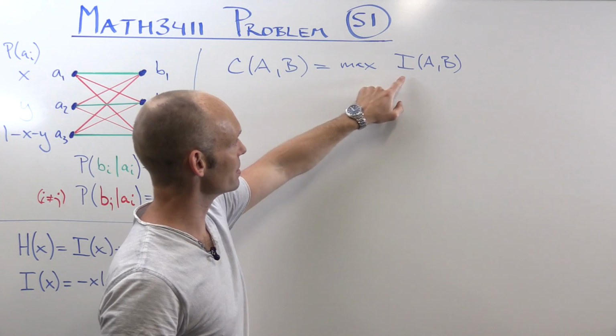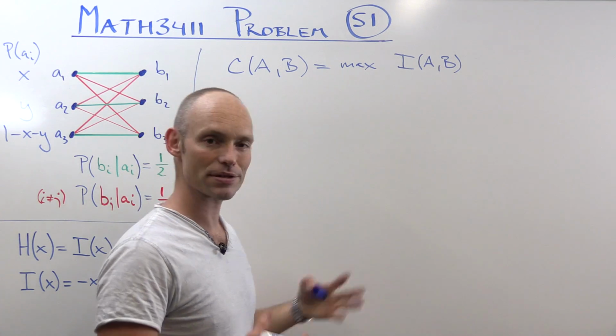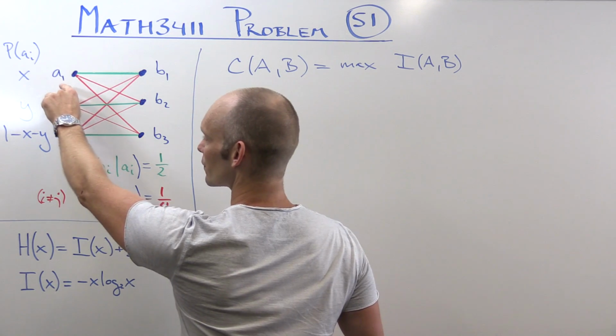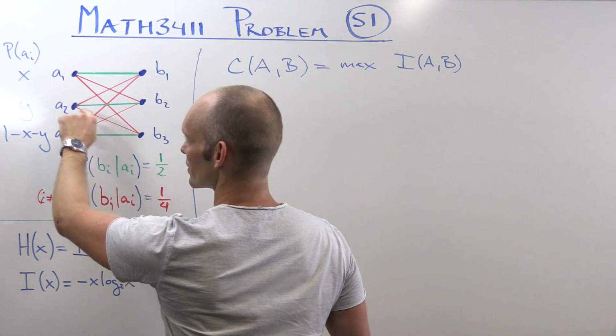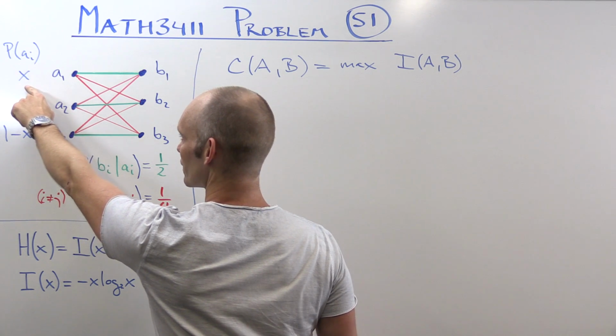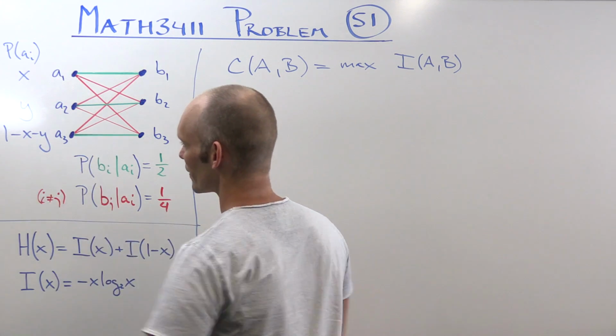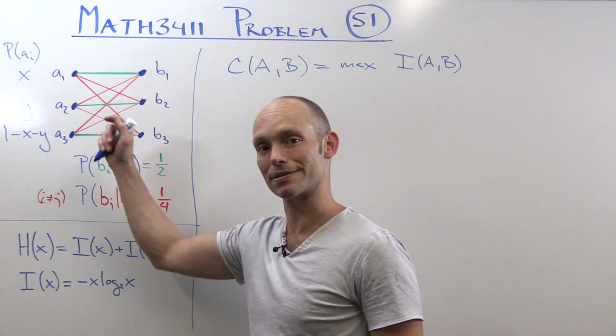So we have to calculate the mutual information and then maximize it, and that'll depend on the probabilities of A1, 2 and 3. So I've written the probability of A1 as x, the probability of A2 as y, and then the probability of A3 is going to be 1 minus those two probabilities.